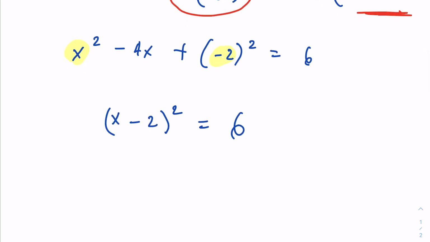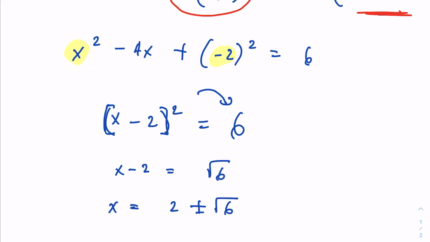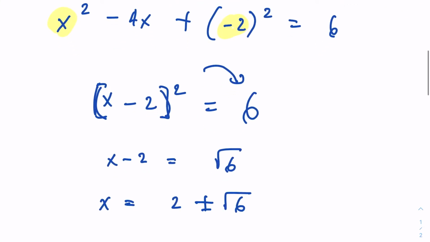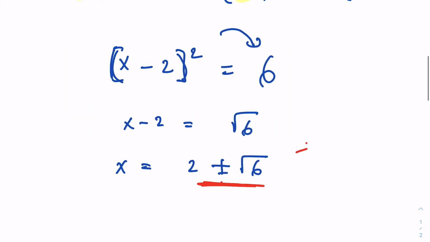Therefore, if you want to find the solution of x, since this is a square, going over gives you the square root of 6. And here becomes 2 plus minus square root 6. It becomes plus minus because you have two solutions in a quadratic equation.